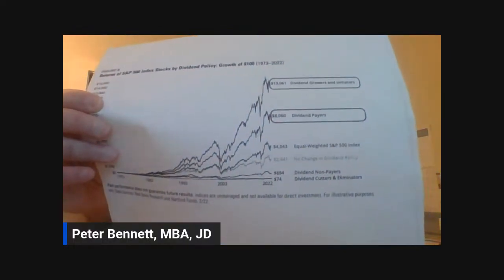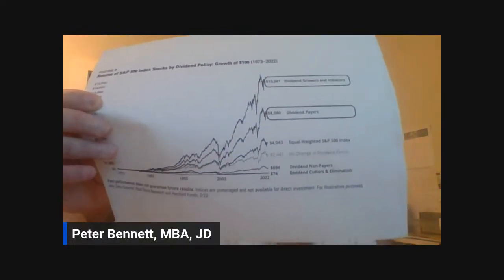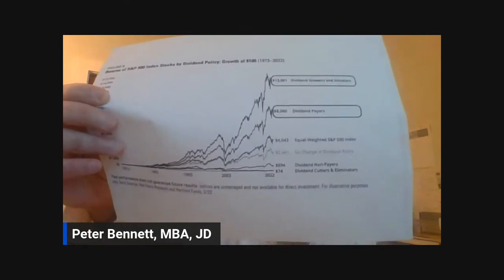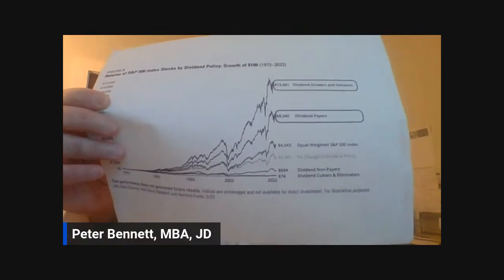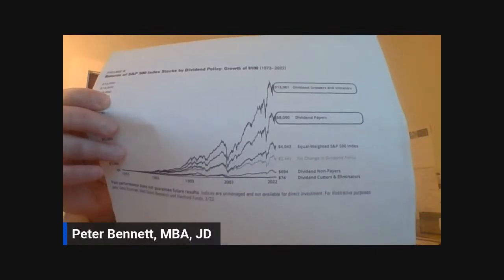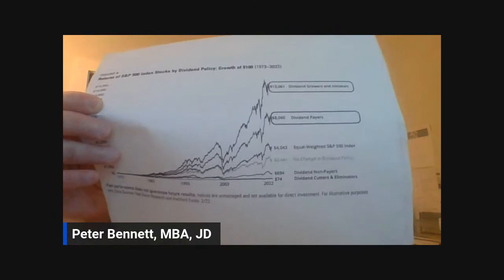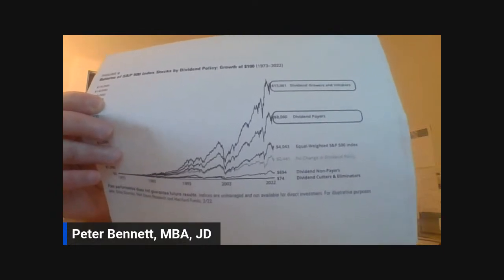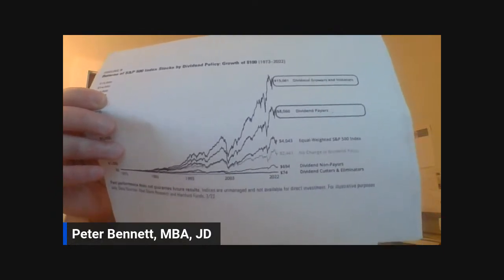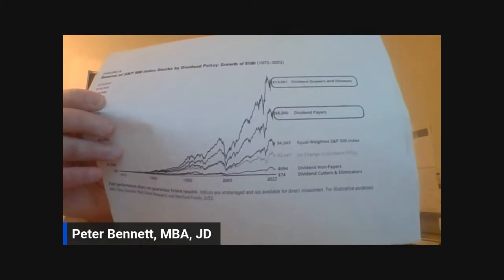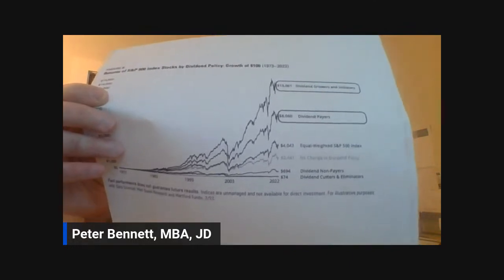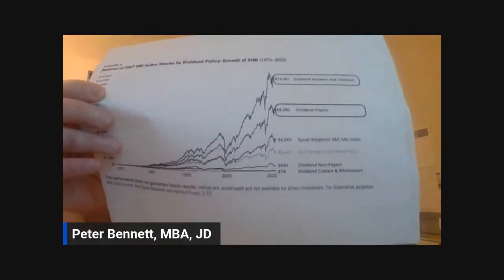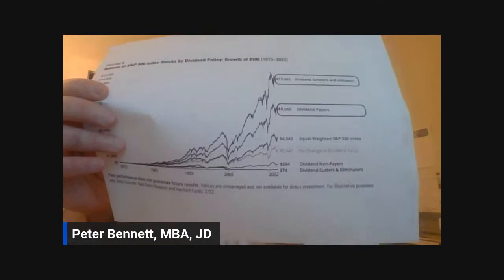What it illustrates is that over 50 years of history, you are a heck of a lot better off investing in dividend payers and dividend growers compared to the equal weight S&P 500. If you put just $100 into the stocks in 1973, it grew to about $4,000 in the equal weighted S&P 500, about $8,000 and change in dividend payers, and $13,000 plus in dividend growers and initiators.